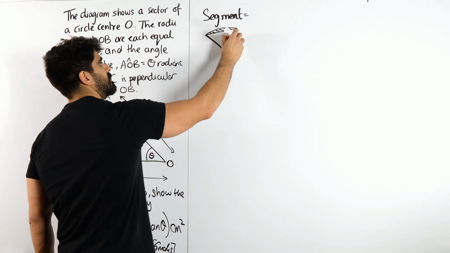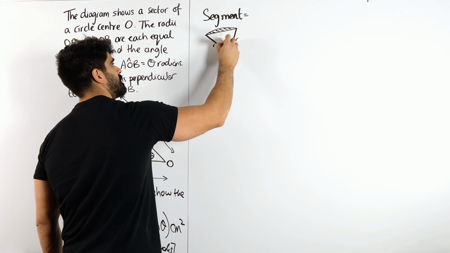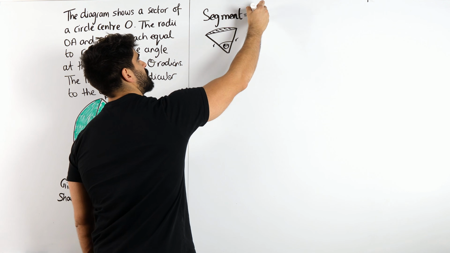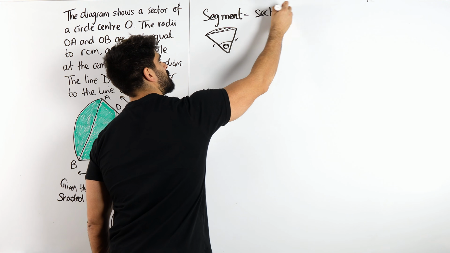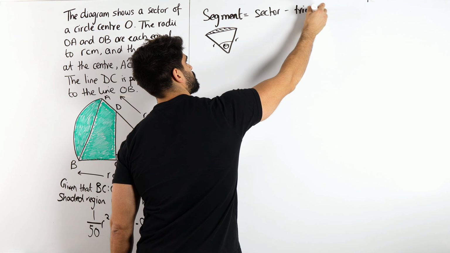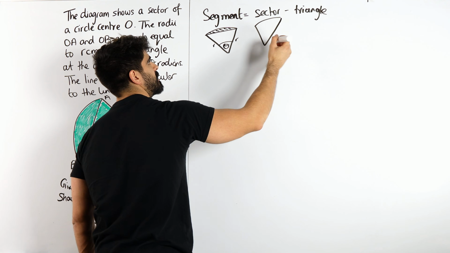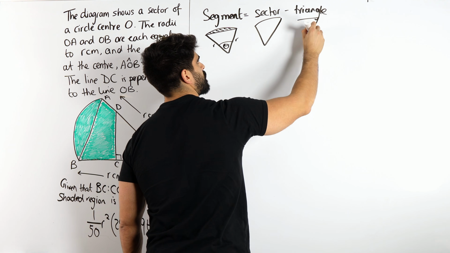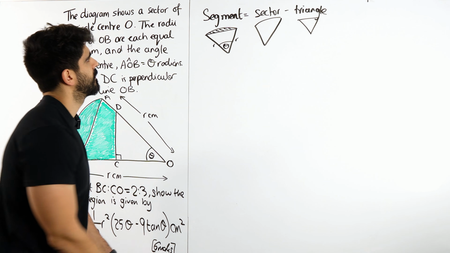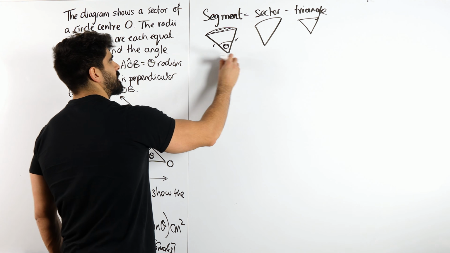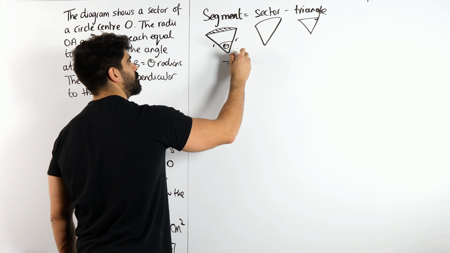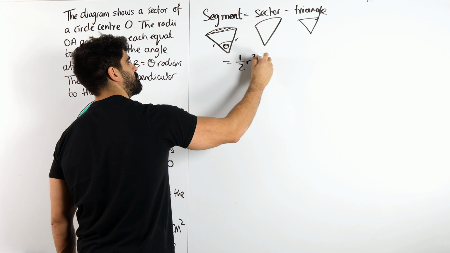Okay, so we have R, theta. So we have sector minus triangle. Now the sector of a circle is a half R squared theta.